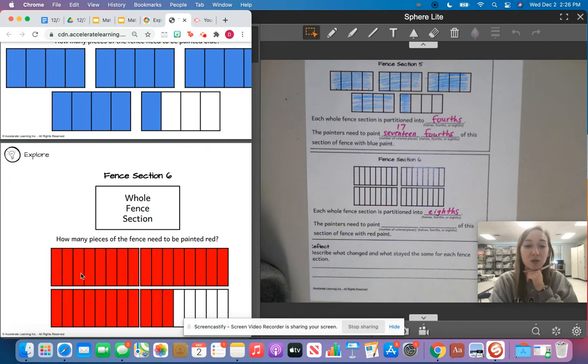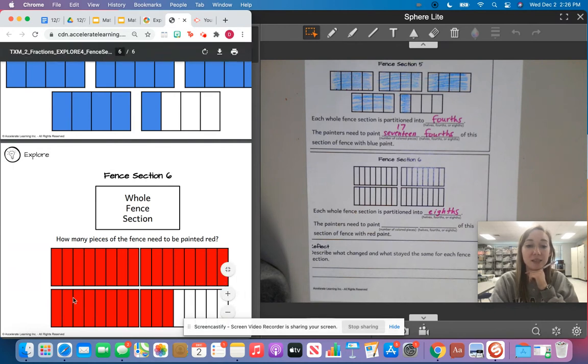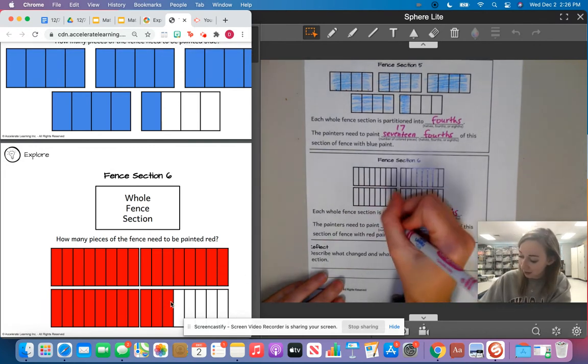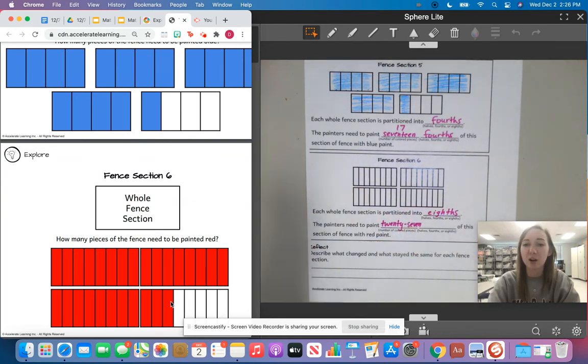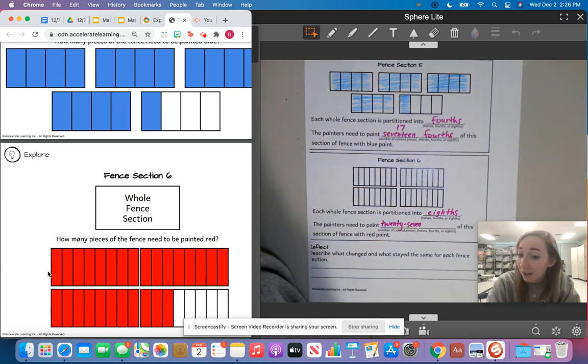Okay, and if we need to, we can just count. We go 1, 2, 3, 4, 5, 6, 7, 8, 9, 10, 11, 12, 13, 14, 15, 16, 17, 18, 19, 20, 21, 22, 23, 24. And then we have 25, 26, 27. So we have 27. And are we talking about 27 halves?